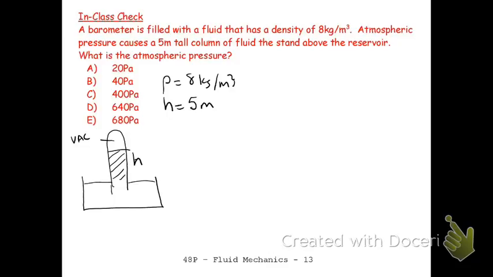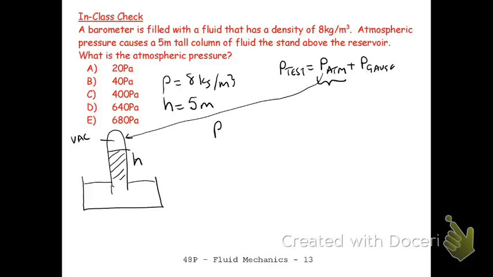So I could say P test is equal to P atmosphere plus P gauge, where the atmosphere there equals 0, just like we did the last one. Or we can recognize, for a barometer, that P atmosphere is equal to P gauge.